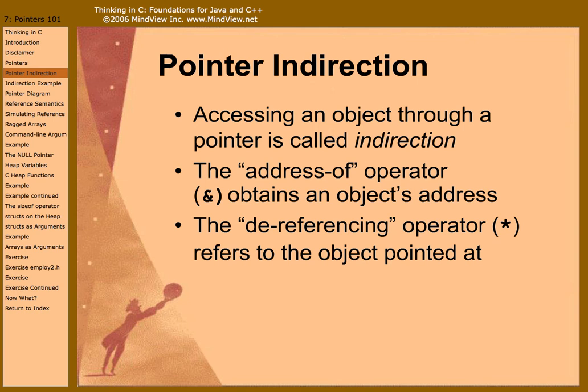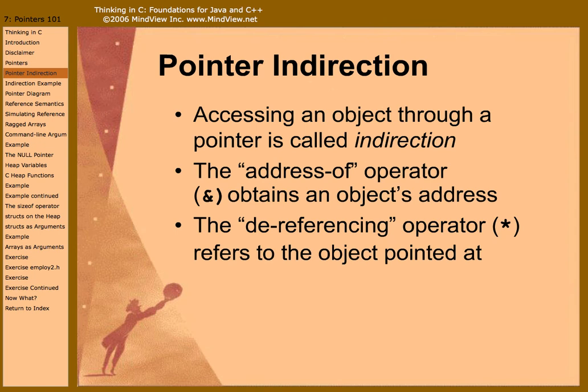Accessing an object through the pointer that is pointing to it is called indirection, as I already mentioned, and there are two operators in the language that help with this. First, we need to have a way of getting the address of an object so we can store it in a pointer. One way we do that is we use the ampersand operator in front of some variable. That gives you its address.